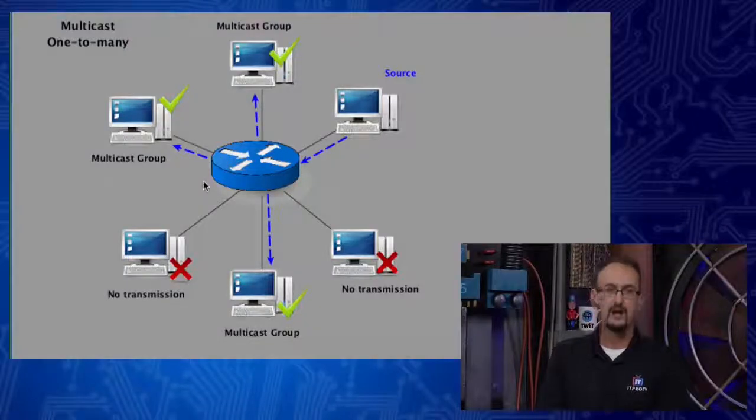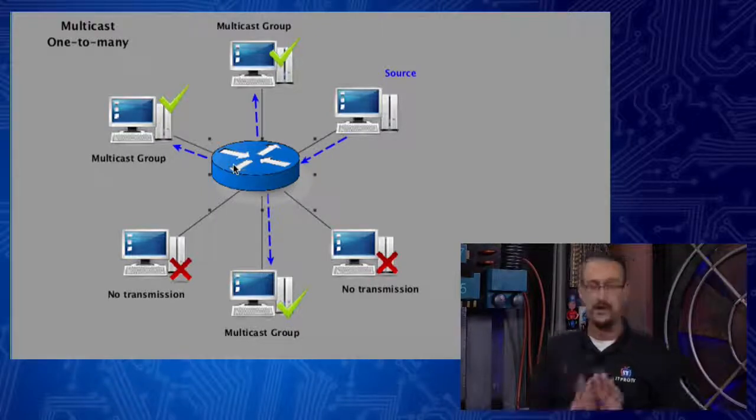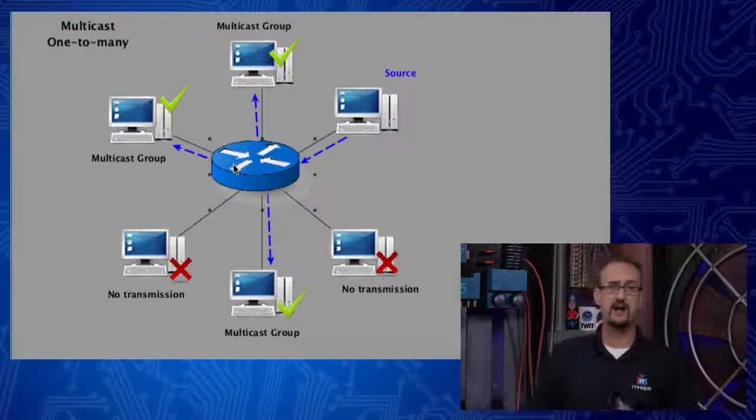Now, I want you to also understand that in the topology section, we also talked about a logical bus. We said you can have a physical star, and in fact, let's go back to my multicast drawing for a second. Notice that, let's just say that this is a switch in the middle. I know it's a diagram for a router, but let's say it's not a switch, I'm sorry, but a hub in the middle.